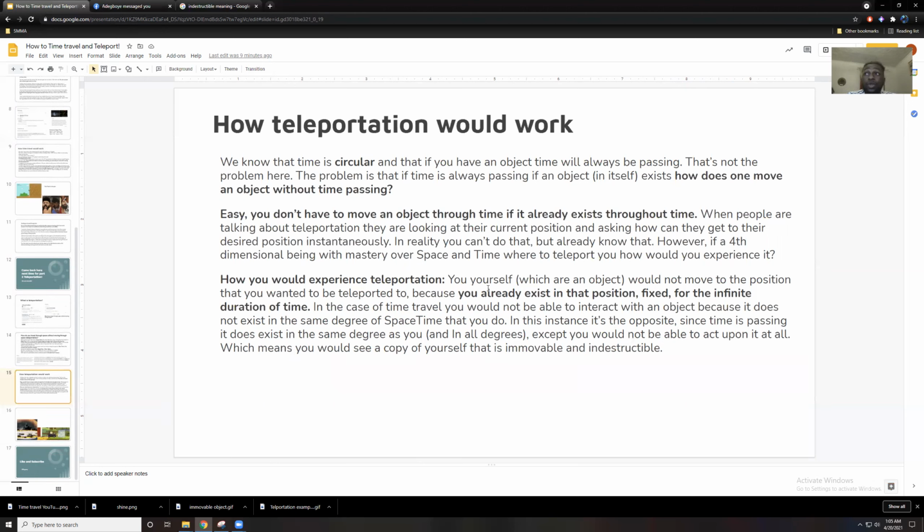However, you would not be able to move it. You would not be able to break it at all. It would be immovable, and it would be indestructible.